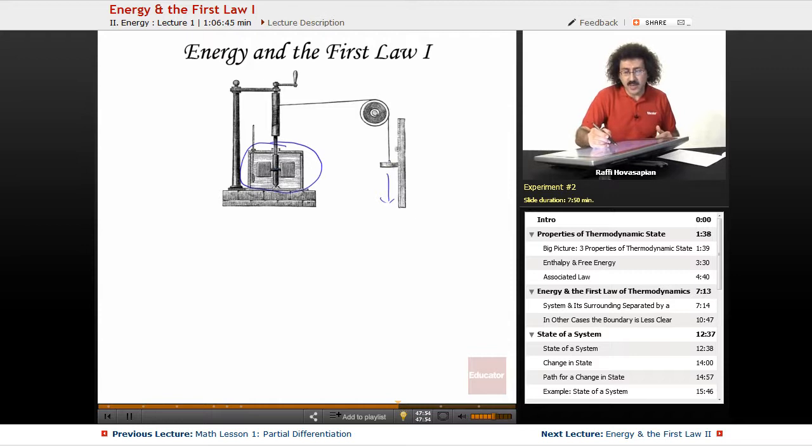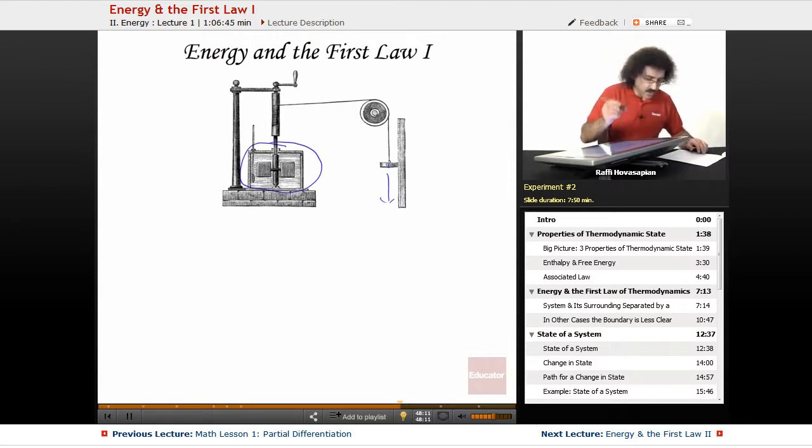Now, I can go ahead and pick a particular weight, and I can pick a particular height, and arrange to stir up the water enough to raise the temperature from 25 degrees to 29 degrees. That just comes from a choice. I can do a little bit of trial and error.